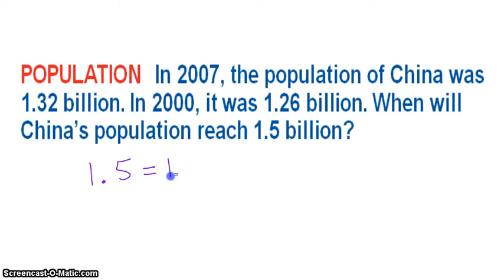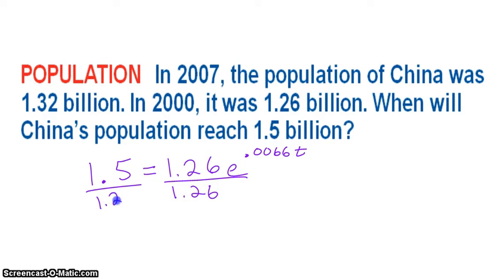I started out with 1.26. I've got e. My k value I just found was 0.0066. And I'm not sure when this will happen. My t is my variable I'm looking for. I'll divide both sides by 1.26 to get my e value all by itself.